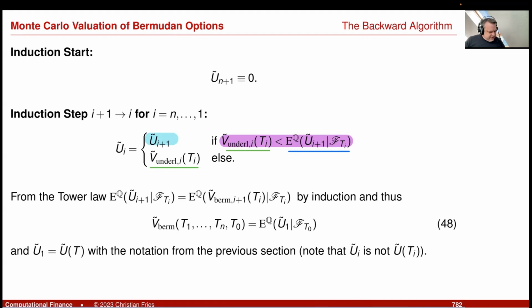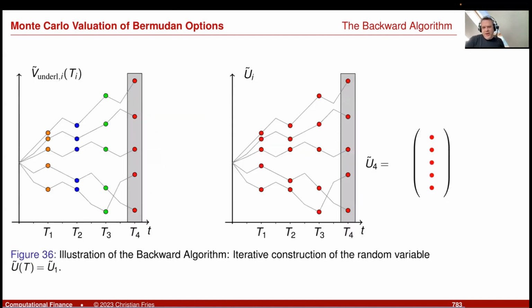So the subtle modification that is quite important was that there is no expectation operator here. So we define this random variable U tilde_i by just updating every element according to the exercise decision and putting the value of the underlying there. So there was a small picture here.